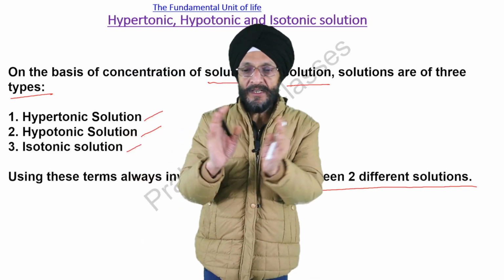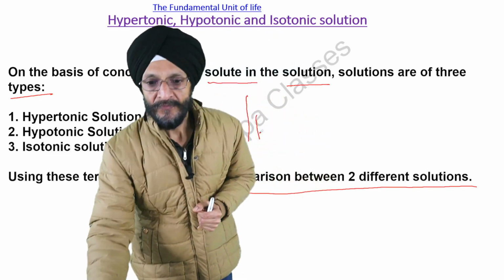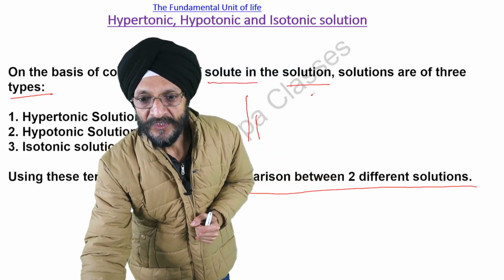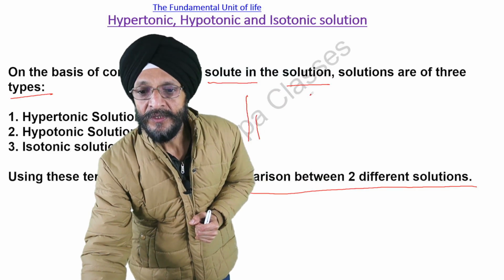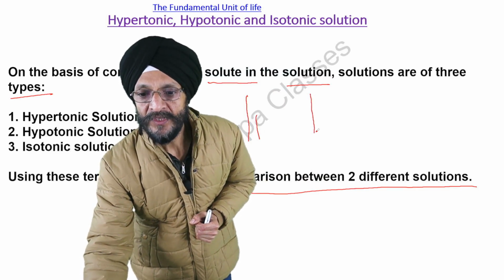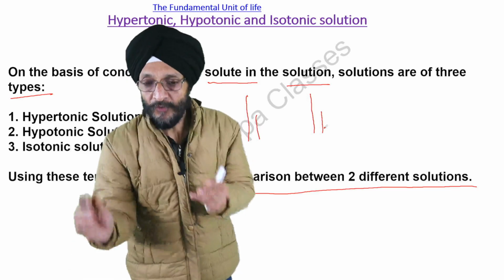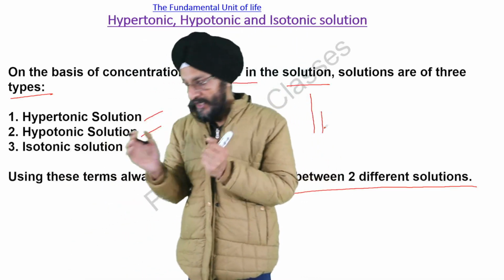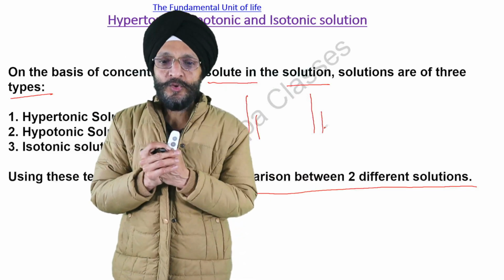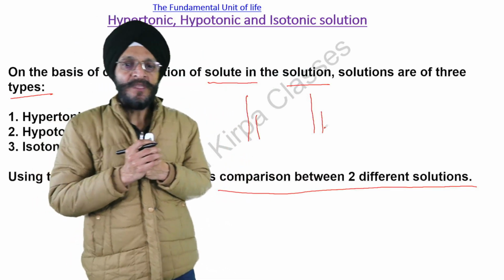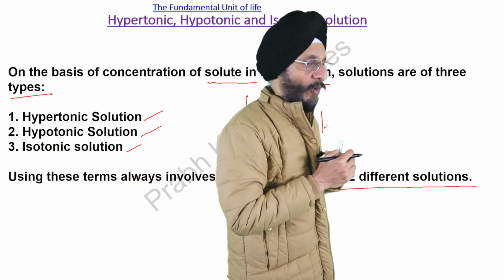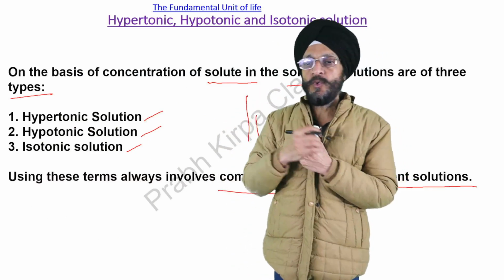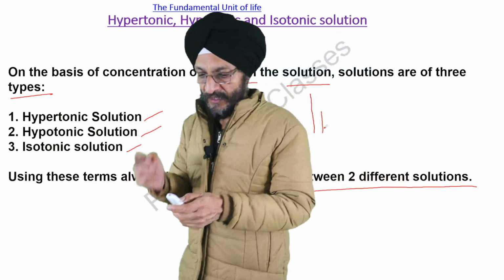That is, we are making a comparison of two persons. Next, if we say that he is more beautiful than her, we are again making a comparison of two persons. In the same way, when we are talking about hypertonic solution or hypotonic solution, there must be the presence of some other solution with which the comparison has to be made.